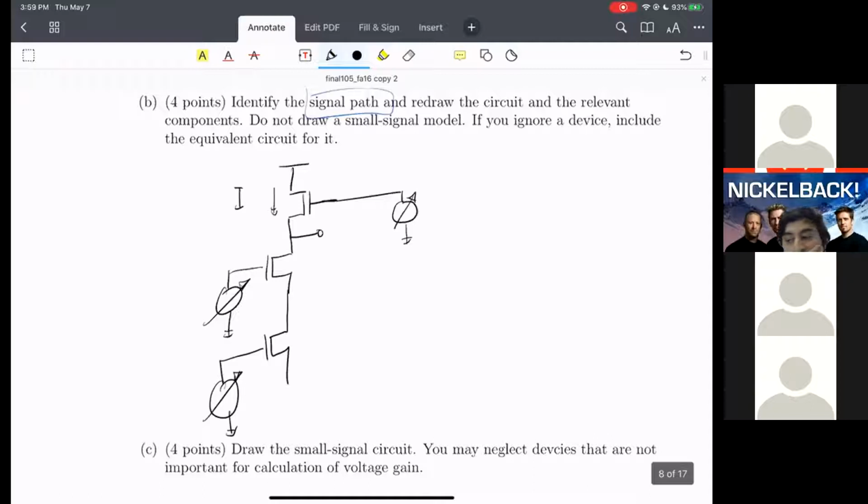Another way that you can draw this, if you're assuming that you're in small signal, you can replace everything with shorts for the biases. This is for small signal.